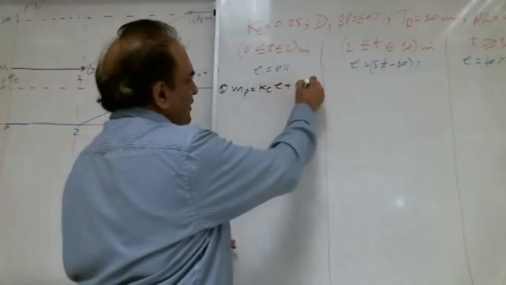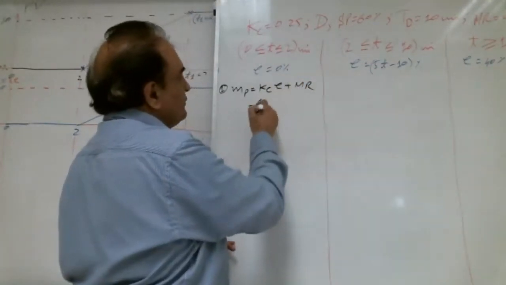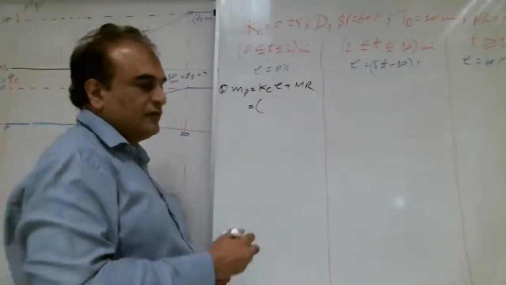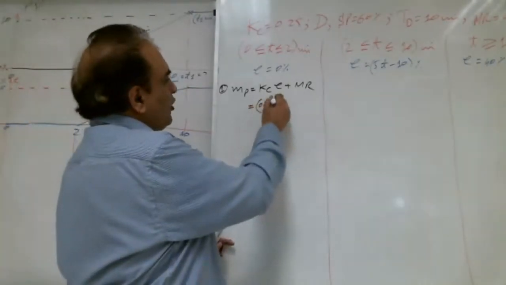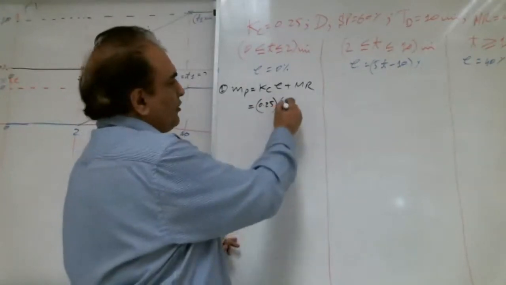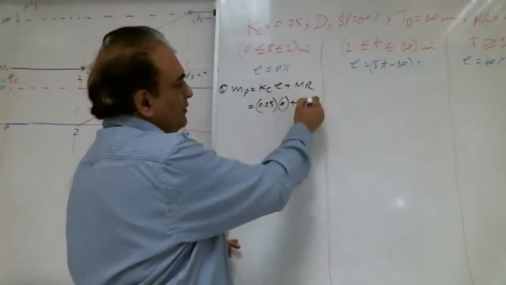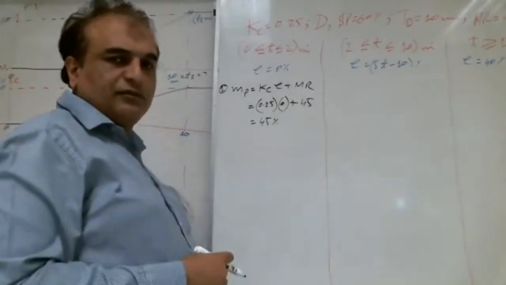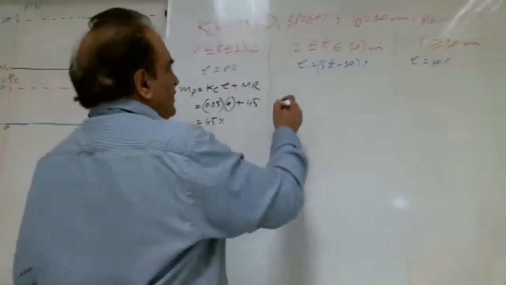How much is KC? 0.25. How much is the error? 0. How much is MR? 45%. Right, Shabab?